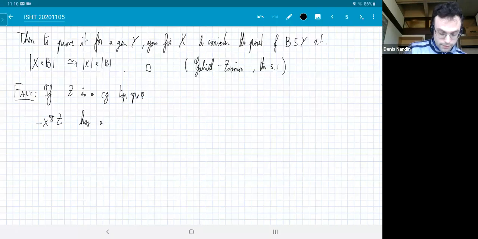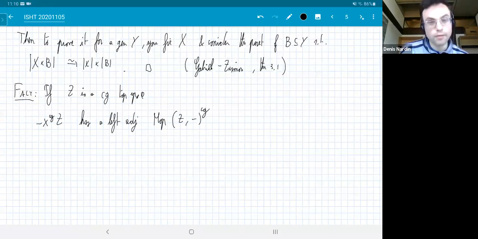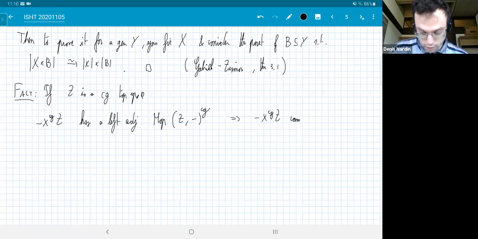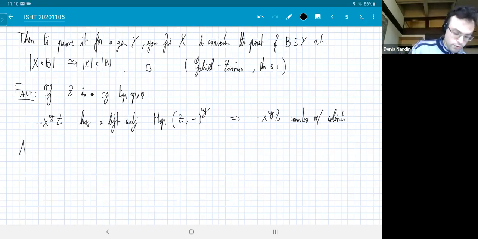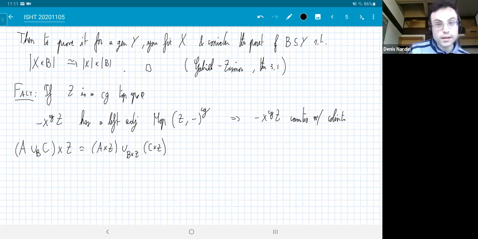This has a left adjoint, which is map Z blank, again with compactly generated topology generated by the compact open topology. And so it commutes with colimits. In particular, I'm using that if you have a pushout like this, is the pushout of this.